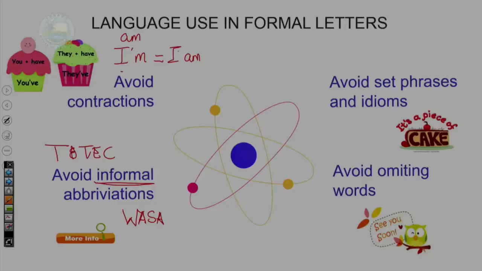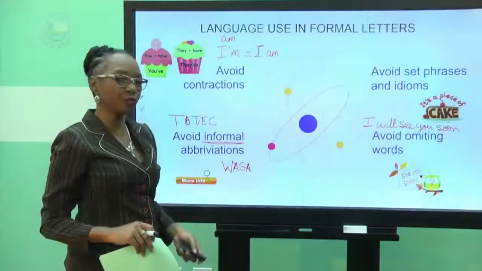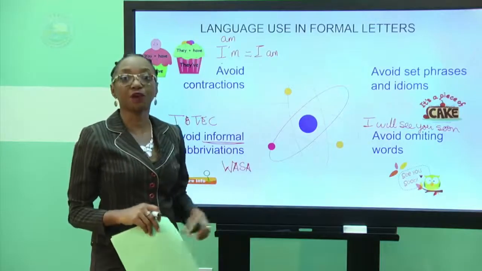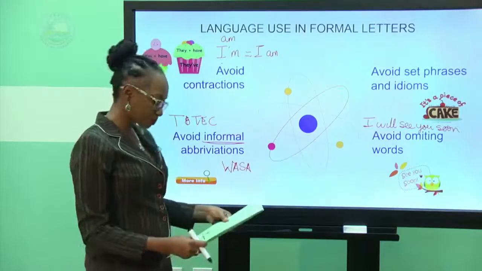It's omitting the rest of it, which should be, "I will see you soon." I will or we will see you soon. It's omitting some of the words. And we want to put in everything that should be there because, again, and we keep stressing, this is a formal letter.